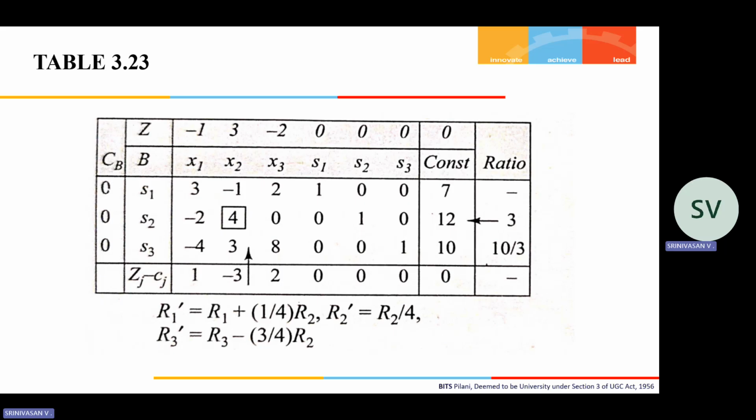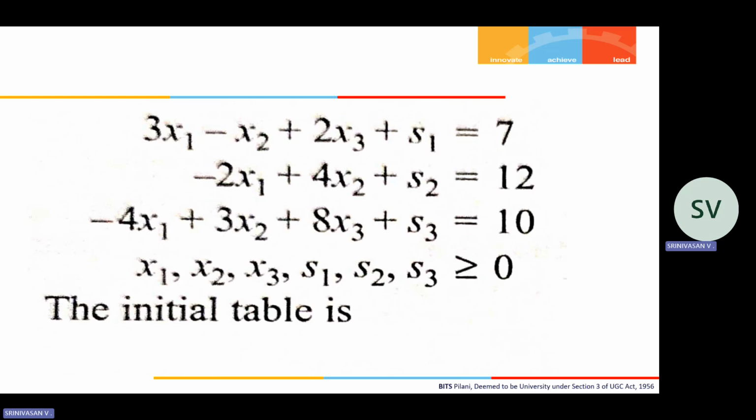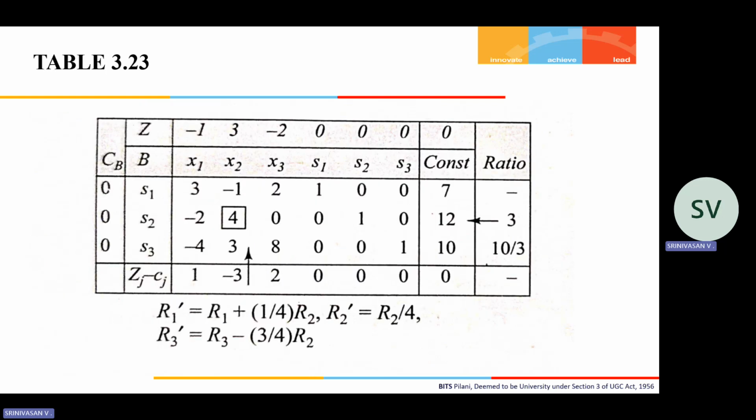So what are the coefficients? Minus 1, 3, minus 2, 0, 0, 0. Look, it is now maximization of W, and the objective is minus x1 plus 3x2 minus 2x3, isn't it? Therefore, here there is a mistake, which could not be edited because this was already copy pasted.